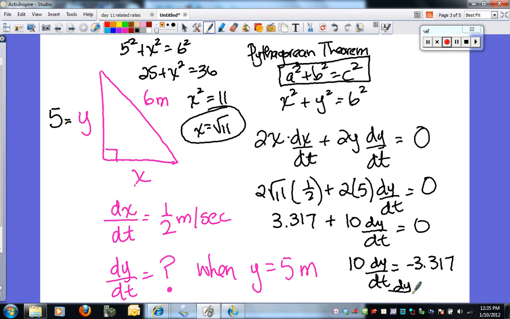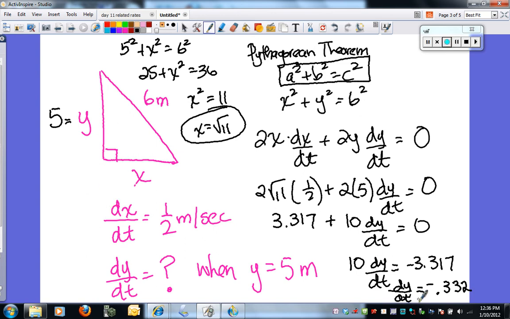And I'm running out of space. And when I do that, we get negative 0.332 meters per second as the rate that this is coming down the wall.